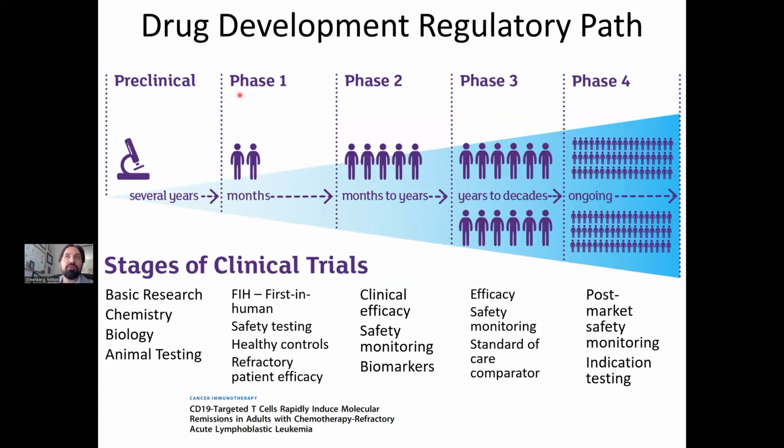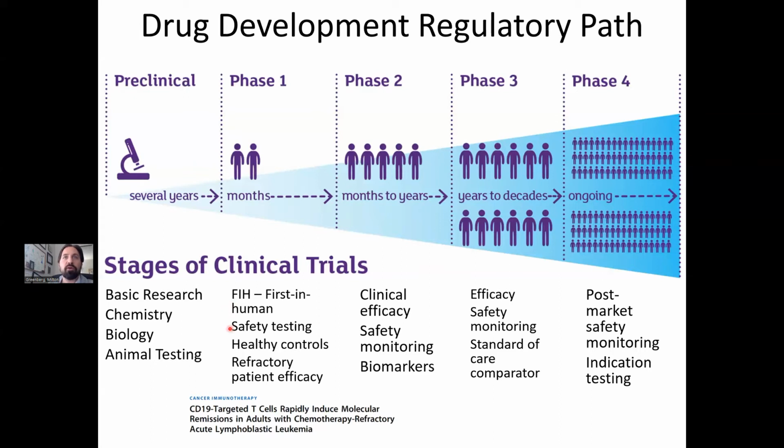This is going to be your phase 1 clinical trial. Today's study is a phase 1 clinical trial looking at this T cell therapy. Even though this isn't a first-in-human trial, this is going to be the first time that this drug was used on this particular patient population.